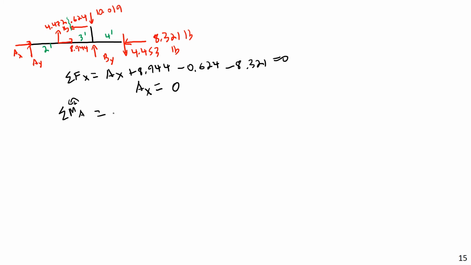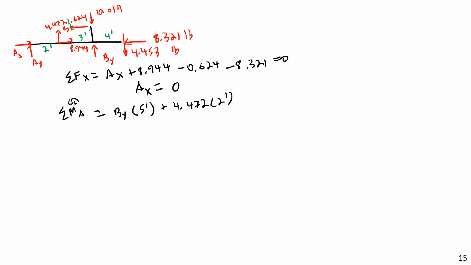So let's say I have BY, a positive moment because counterclockwise, times moment arm length of 5 feet. Then I'll have plus 4.472 times its moment arm length of 2 feet from point A.